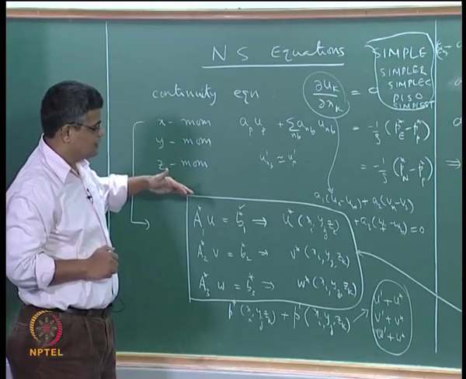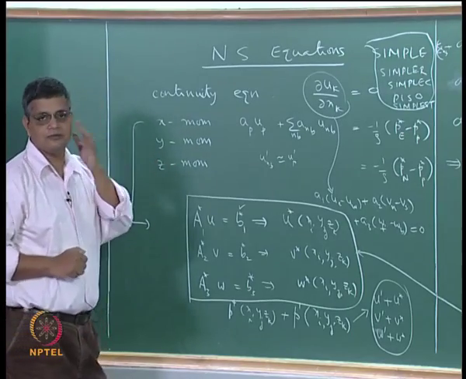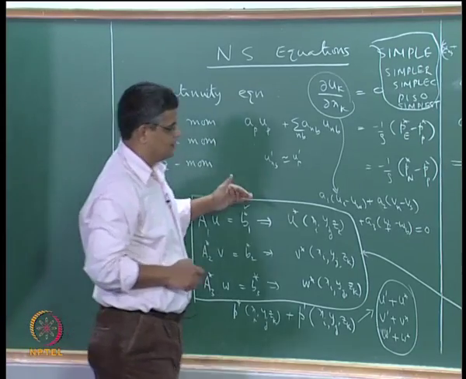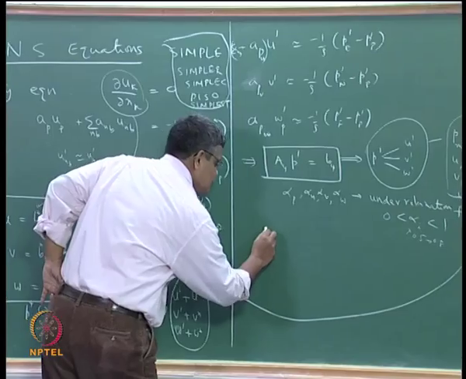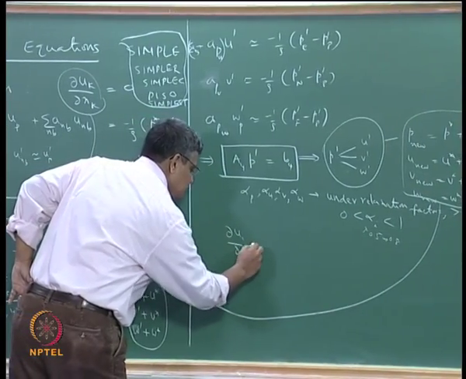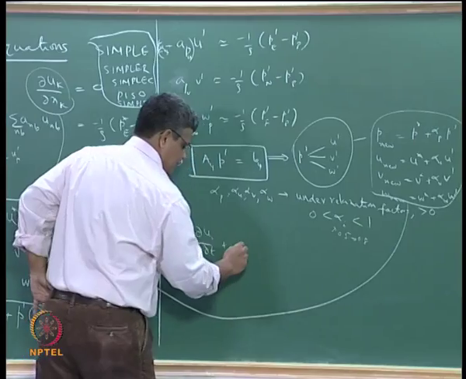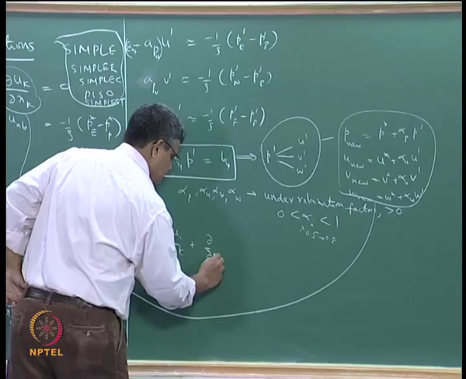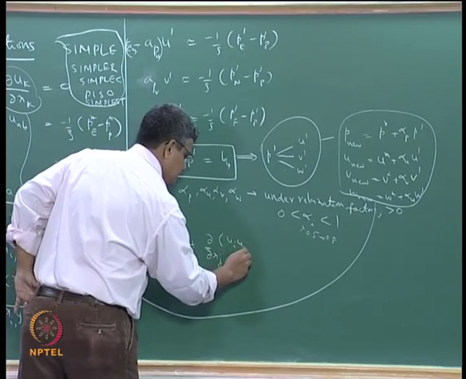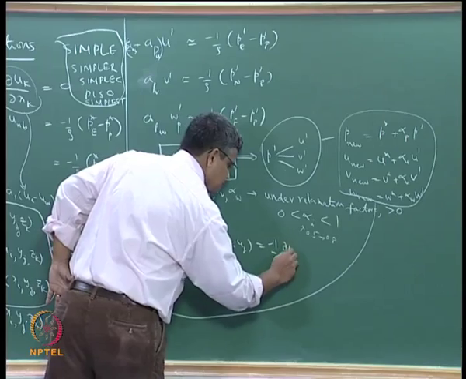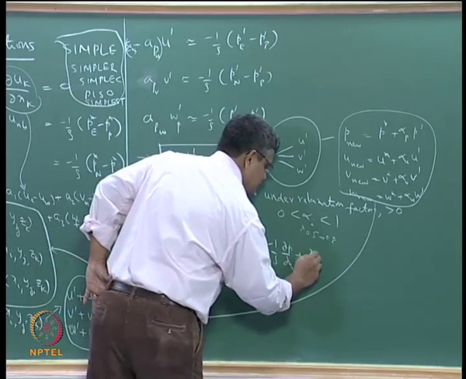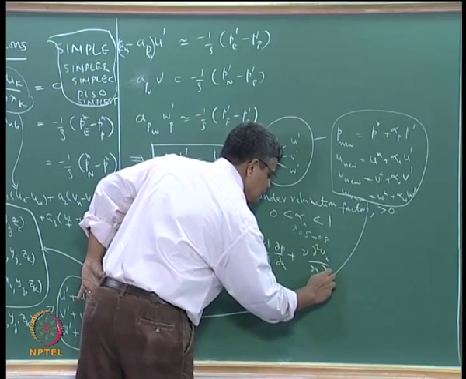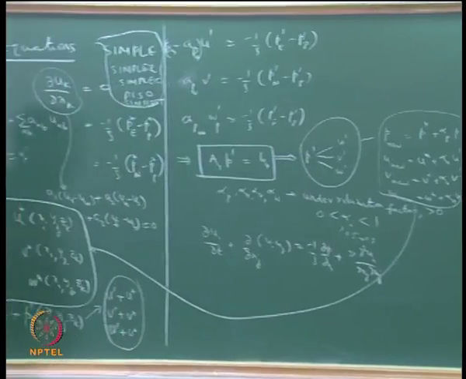Now what we have looked at is for a case of steady flow. If you have unsteady flow, then you may have an equation like ∂ui/∂t plus ∂/∂xj of (ui uj) equal to minus 1/ρ ∂p/∂xi plus ν ∂²ui/∂xj∂xj.